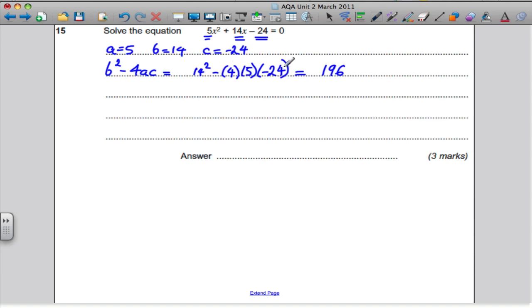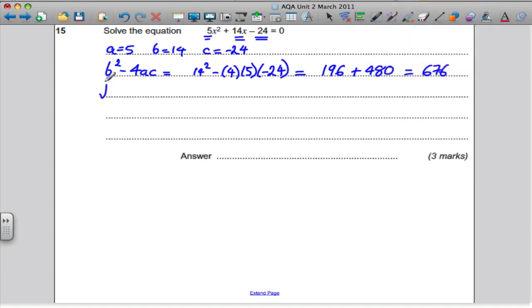Then minus 4 times minus 120 is positive 480. So working this out, 196 plus 480 would give me 676.